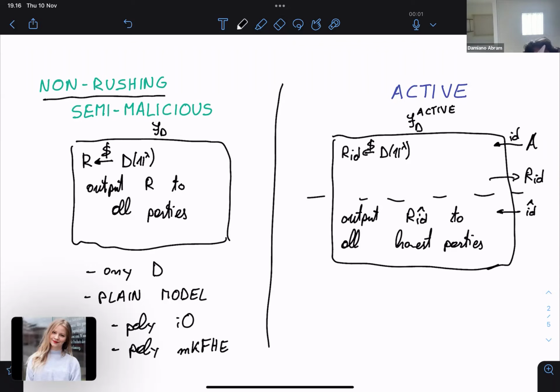Anyway, I would also like to argue that this functionality is good enough for our main application, namely generating SRSs for MPC protocols. And the reason is the following. So, okay, MPC protocols sometimes have SRSs that are bad, namely SRSs for which security is not guaranteed. But the probability of sampling such SRSs using the distribution D is negligible.